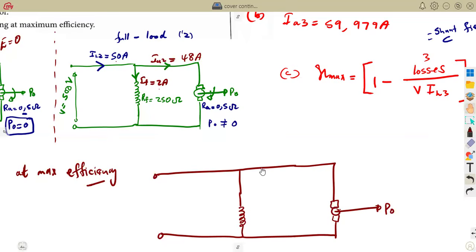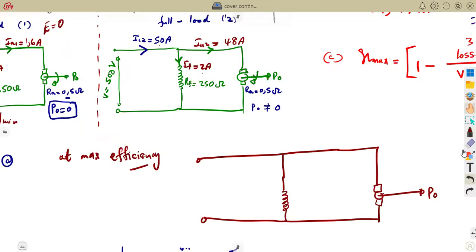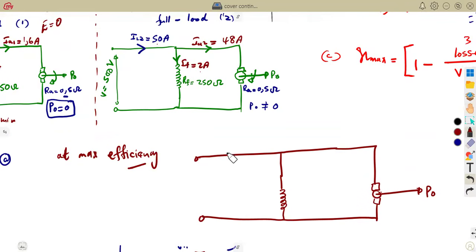Just like before, at no load and at full load, this current is changing. It is the same even at maximum efficiency. So we do not know this load current, which at maximum efficiency we denote with the subscript 3.